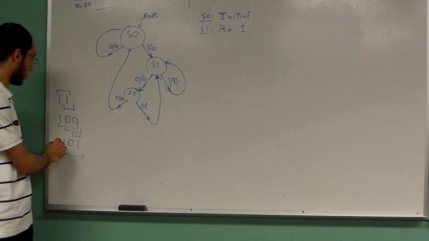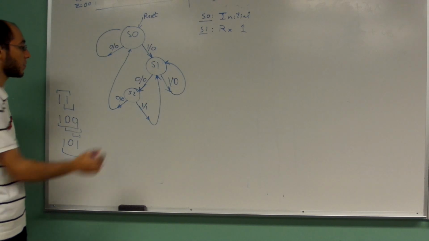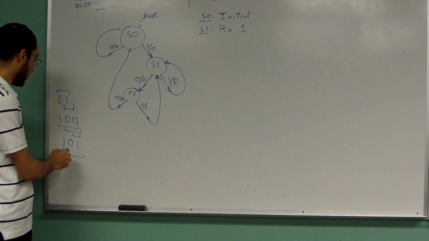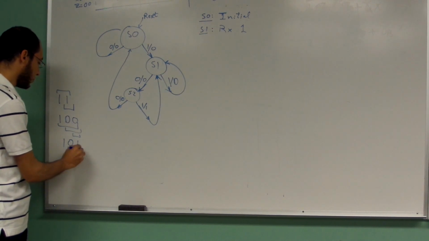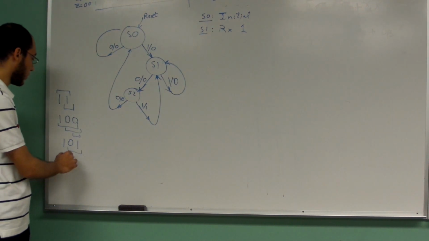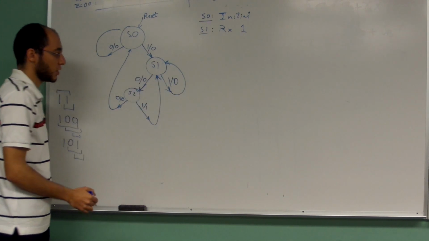That's why I output the 1. However, 0, 1 is not a part of the sequence, so I should ignore it. But the 1 is a part of the sequence, and that's why I went to state S1.